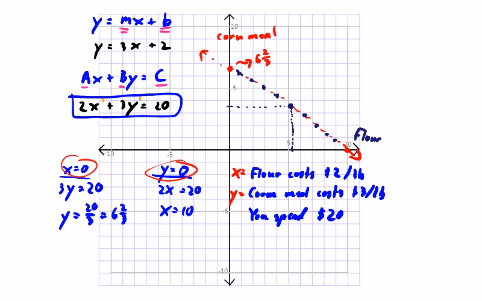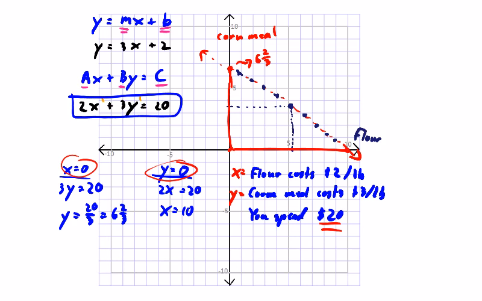So it would be very useful because now we have all of the possible combinations of flour and cornmeal that total $20 of value. Later on, we can look at what would happen if we limited ourselves to $20 of value. Clearly, we could buy no flour and no cornmeal, but it would turn out that we could buy anything within the triangle created by the line.